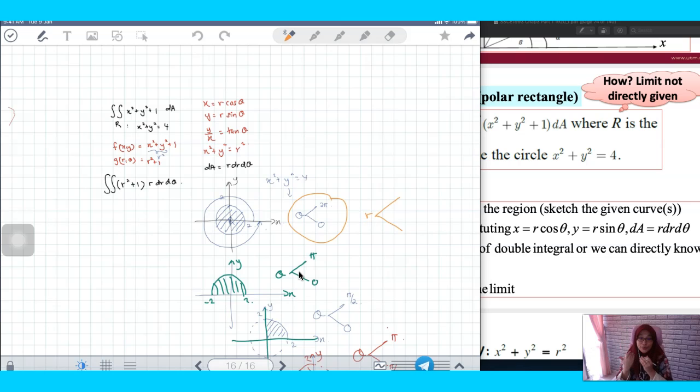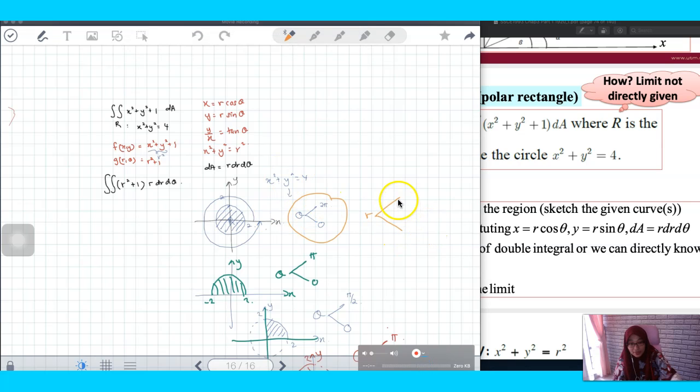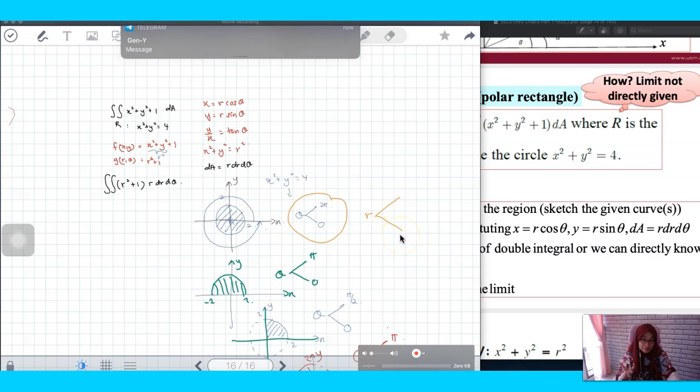For theta, you read from the positive x-axis in the anti-clockwise direction, right? But for R, how can you determine the lower bound and the upper bound? The lower bound and the upper bound are based on the radius of the circle.